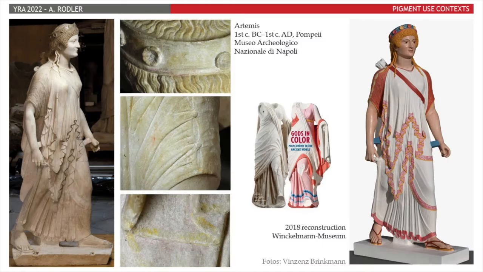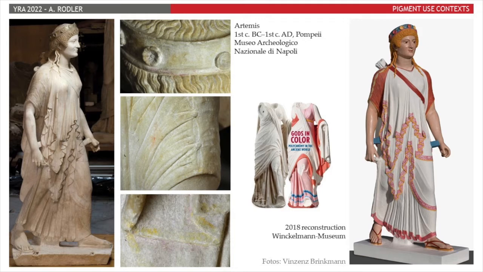And now here is a very interesting case. This is a marble sculpture of Artemis, also from Pompeii. It's dated to about the 1st century BC to the 1st century AD, and is housed at the Archaeological Museum in Napoli at the moment.